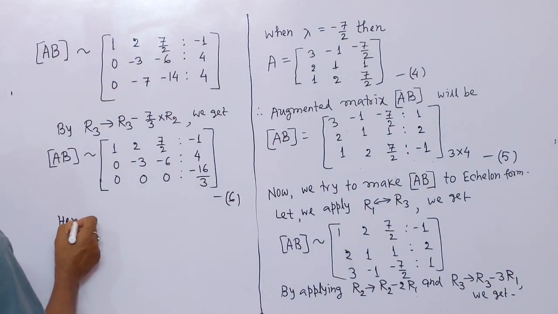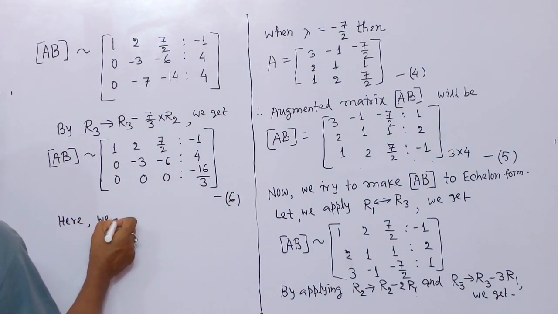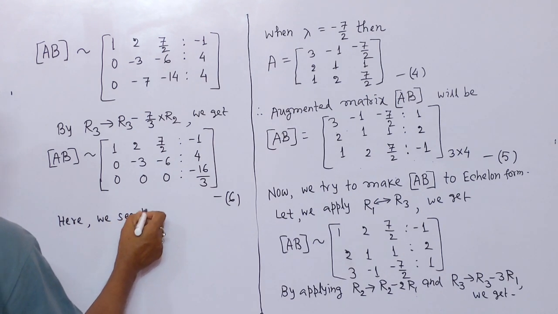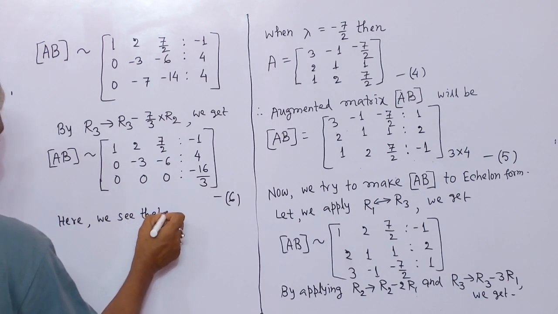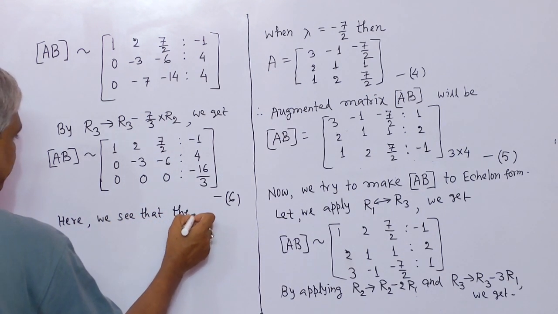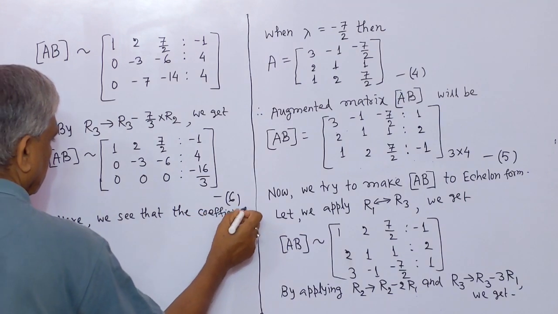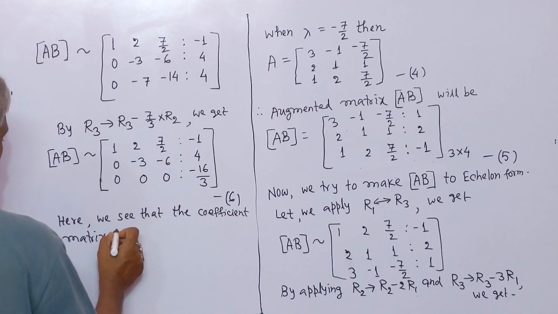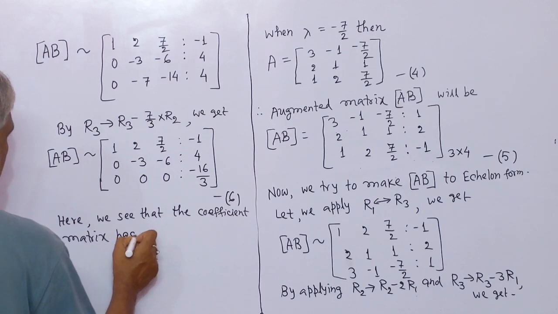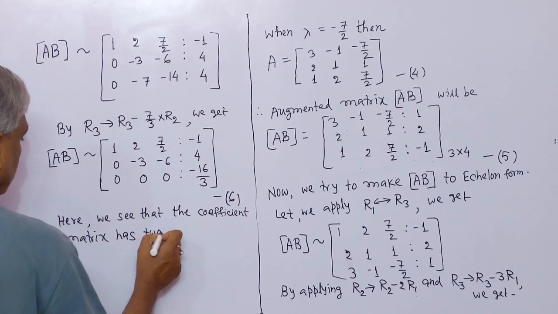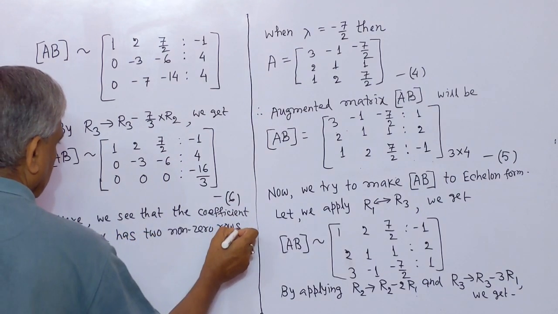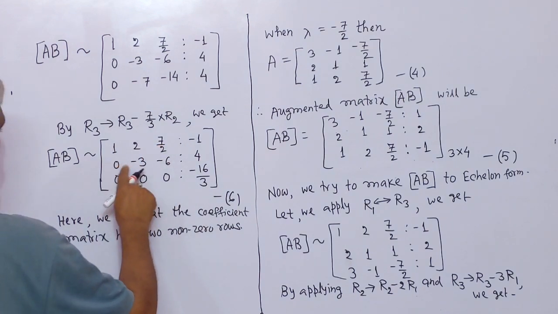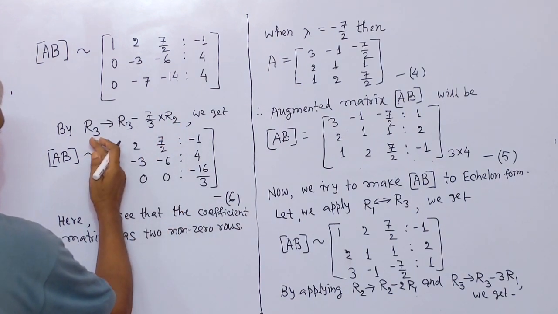Here we see that the coefficient matrix has two non-zero rows, this row and this row. This part is the coefficient matrix.